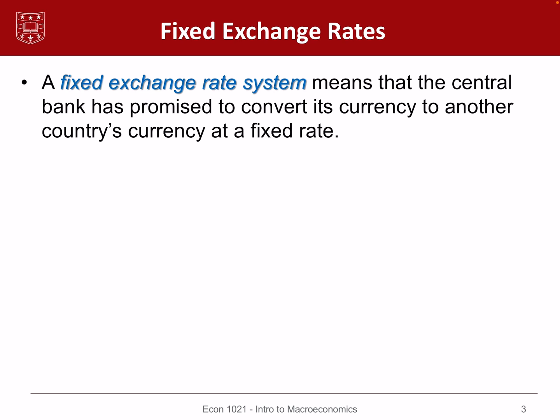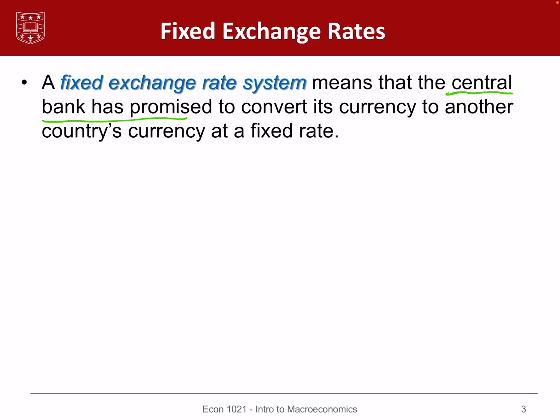So, a fixed exchange rate system is one in which the exchange rate can't do that job. It can't solve an imbalance between quantity demanded and quantity supplied. As a result, it has to be actions, typically of a country's central bank. So that's why I say the central bank has promised.